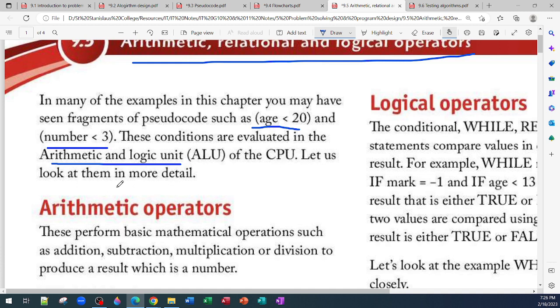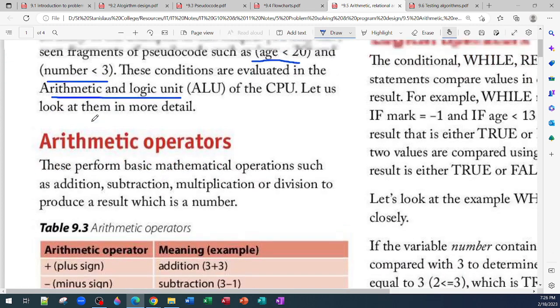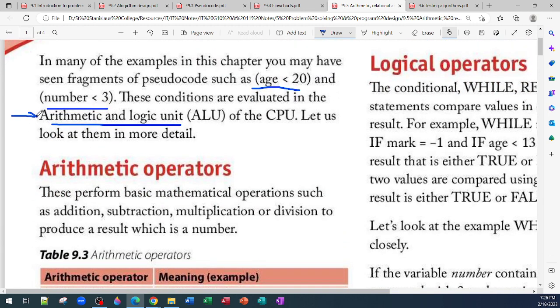Let us look at them in more detail. This is also important to note: the CPU has two main components. It actually has more, but it has two main components that you need to remember for your exam. Does anybody know what the two are?